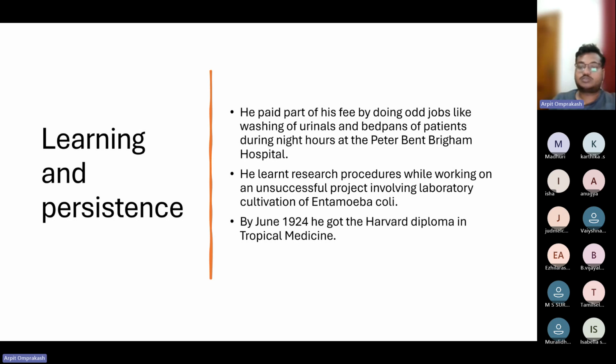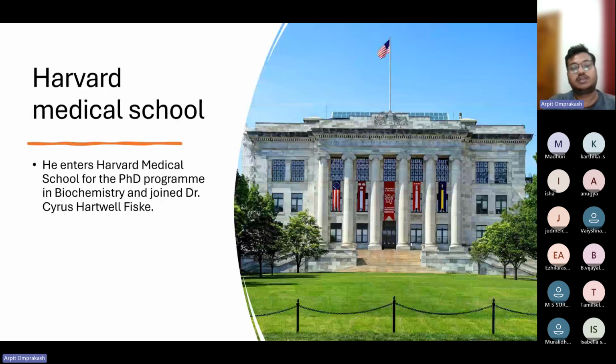He learned research procedures while working on an unsuccessful project involving the laboratory cultivation of E. coli, but he was able to learn a lot of lab techniques during that time. By June 1924, he got the Harvard Diploma in Tropical Medicine. Then he entered Harvard Medical School for a PhD program in biochemistry and joined Dr. Cyrus Hartwell Fiske.